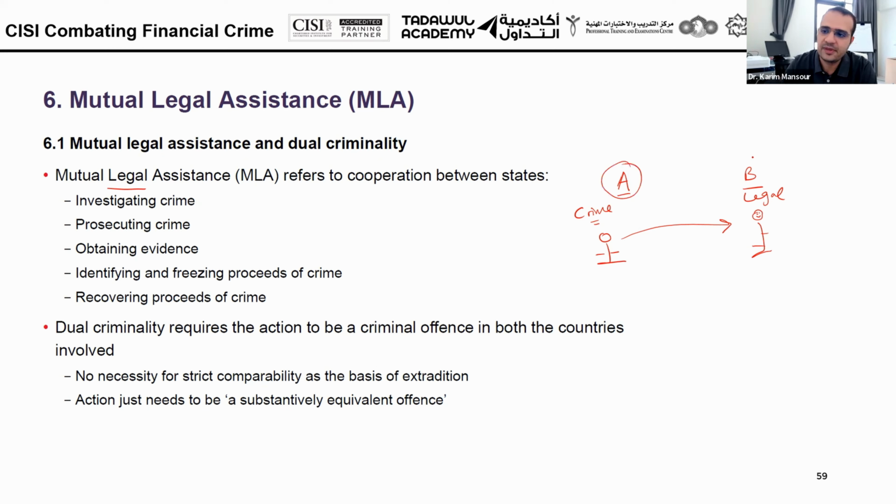So that's why countries A and B go into agreements that we call dual criminality agreements.